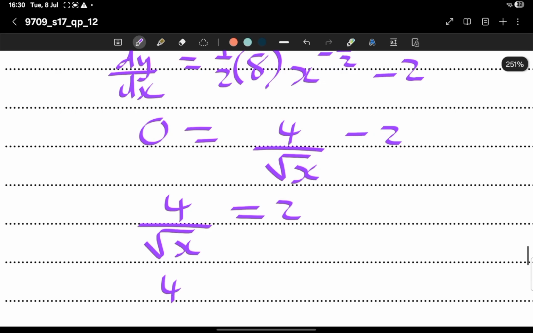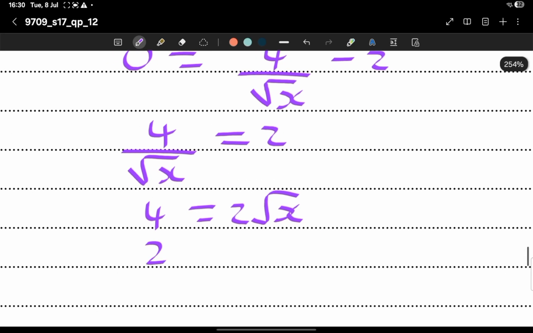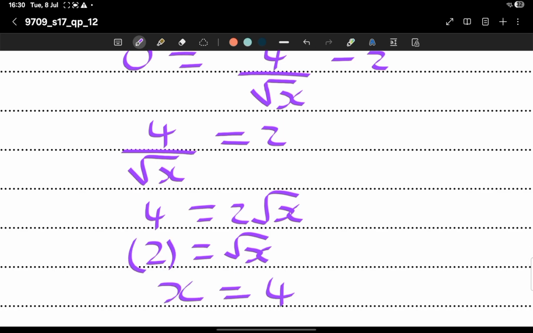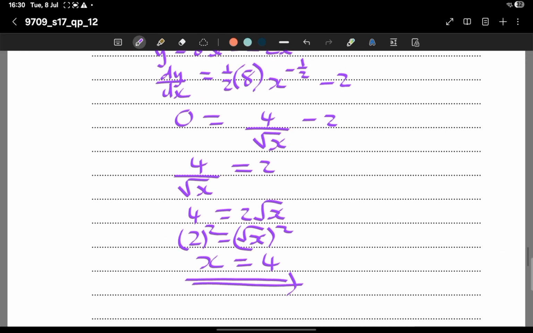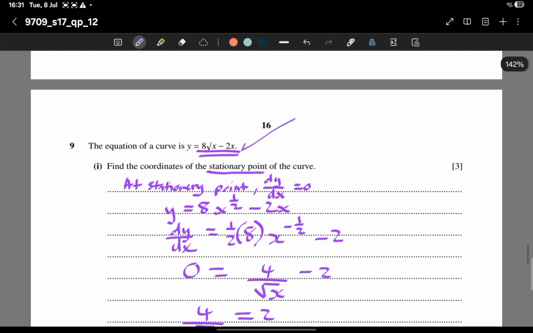Then 4 is equal to 2 root x, giving us 2 equals root x, and x equals 4, since we're going to square both sides to get rid of the square root, right? And we're going to substitute this value into this, right?